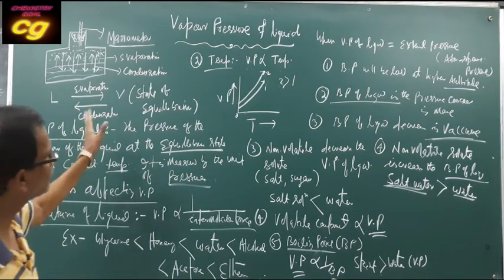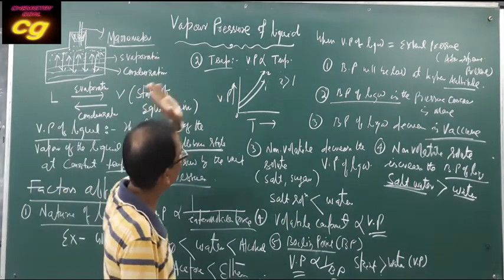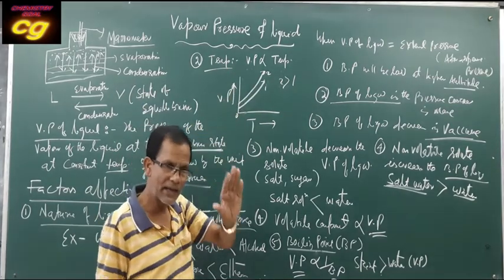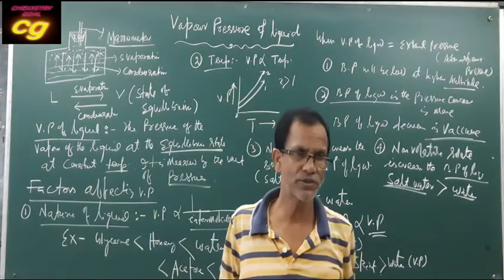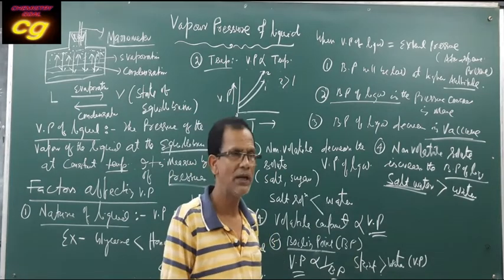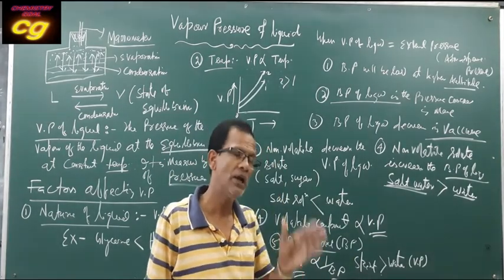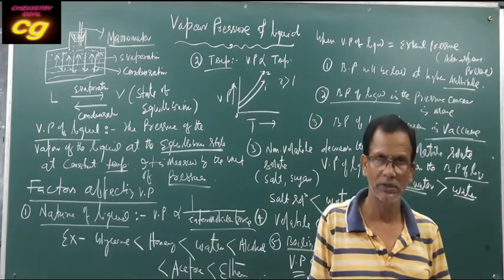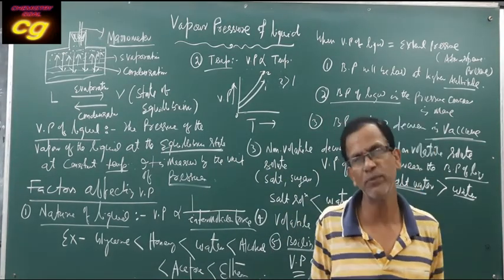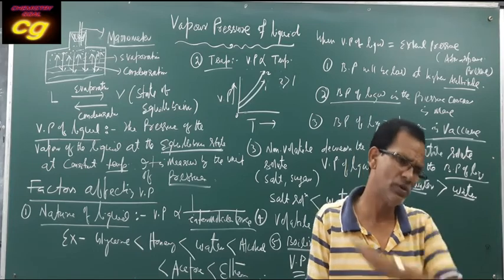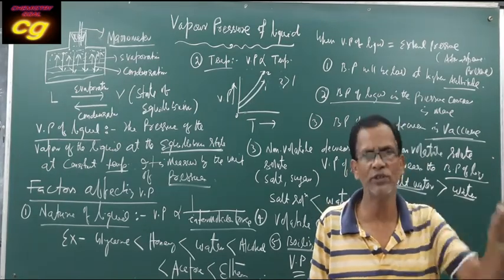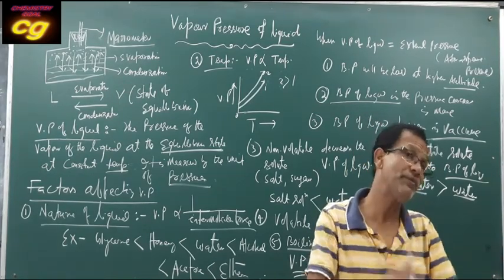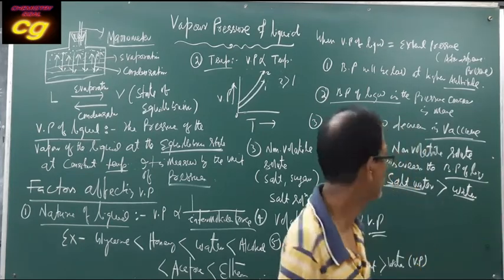Okay, so a liquid has a very important characteristic: it has a particular vapor pressure at constant temperature. Every liquid has vapor pressure. Liquid evaporates at all temperatures. Evaporation takes place at every temperature, but evaporation can be faster at higher temperature.